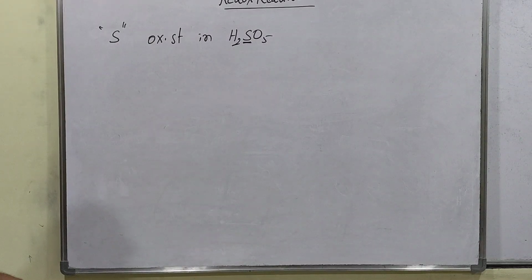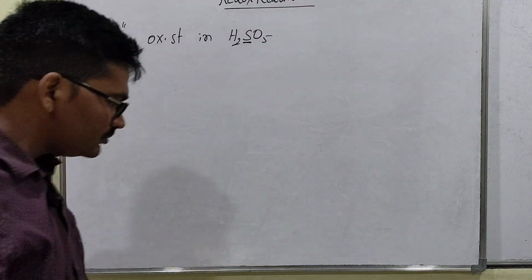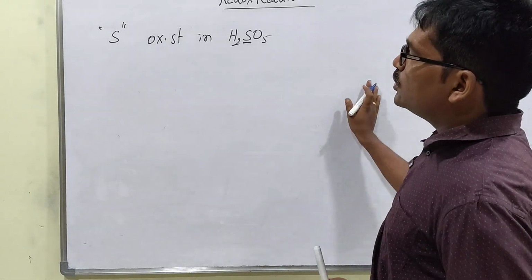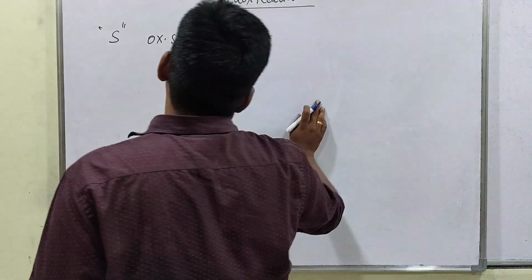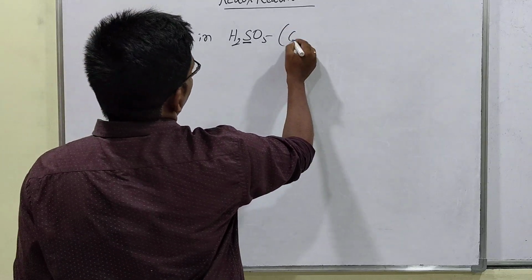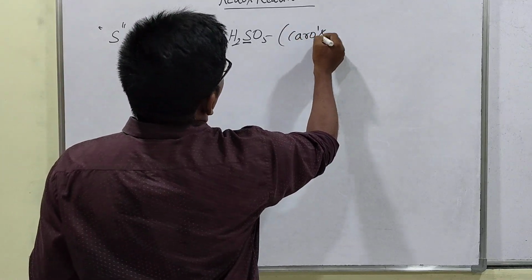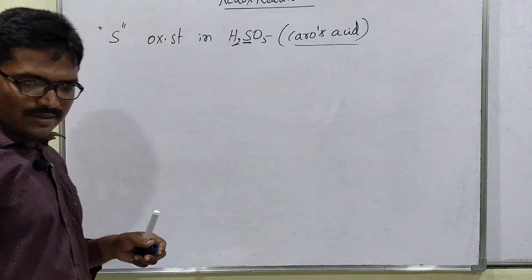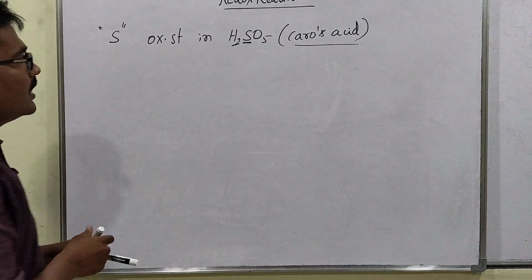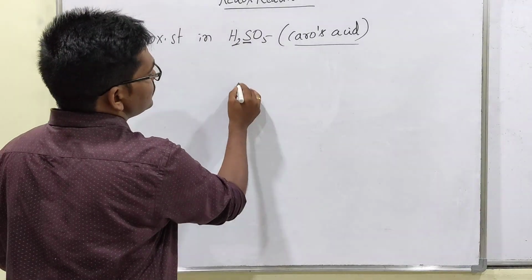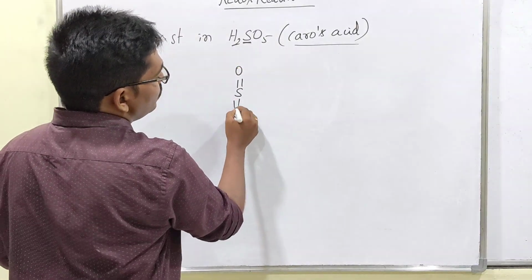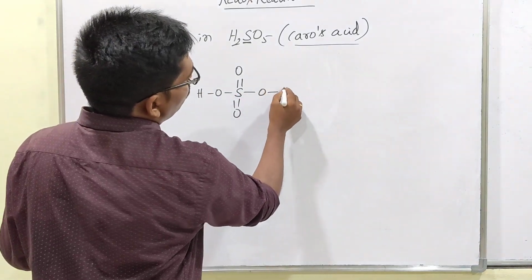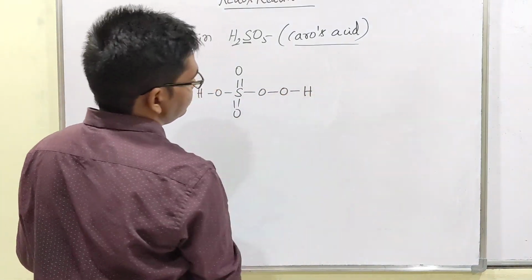Yes, look, my dear students, if you want to find out the sulfur oxidation state, you must know the structure of that; this we call Caro's acid. Sir, the original structure of this is S double bond O, then double bond O, then O bond H, then bond O, bond H, like this.